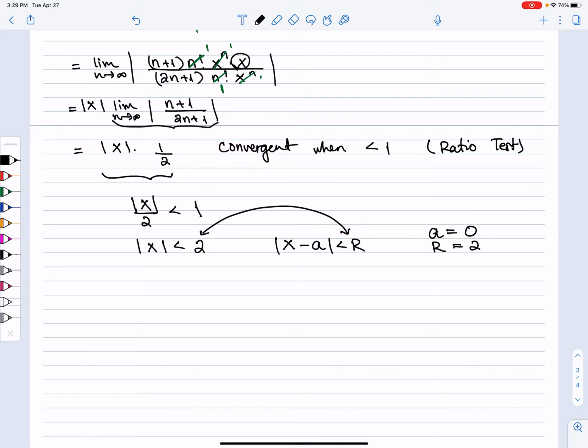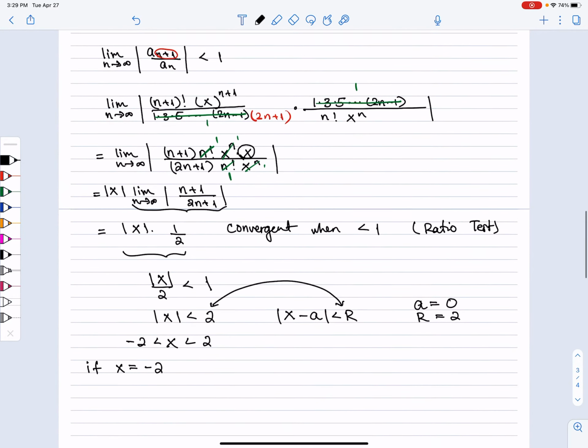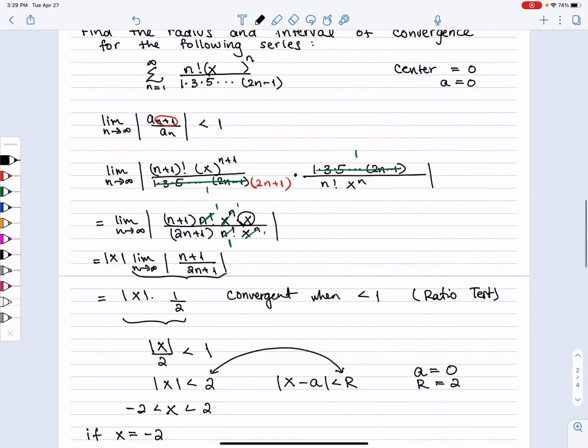Now to find the interval of convergence, we just solve that absolute value inequality and say that x is between -2 and 2. But remember, we must check the endpoints. What happens if x is equal to -2? If x is equal to -2, let's go back up here.